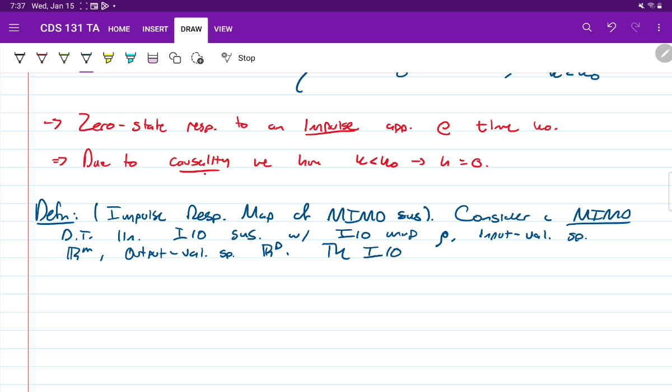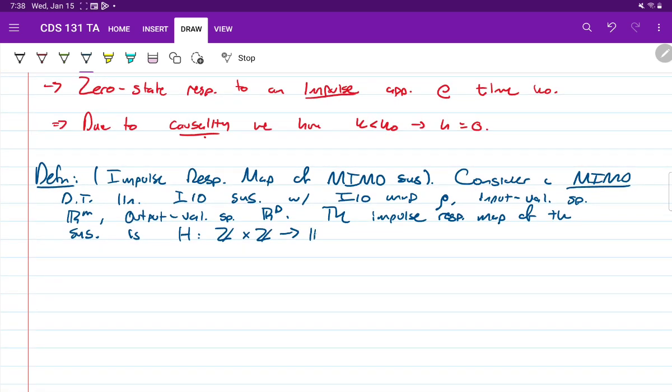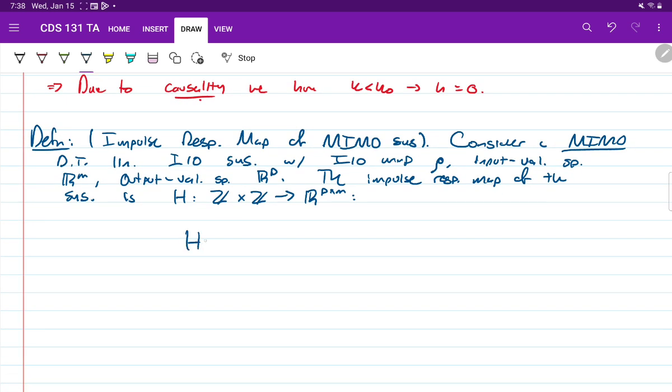The I/O map, the impulse response map of the system is now the map capital H, still takes in two integers, Z cross Z, but now maps to a matrix. It's going to map to a matrix in Rp by M. We're going to define this as follows. So H of K, comma K naught is equal to this big matrix.